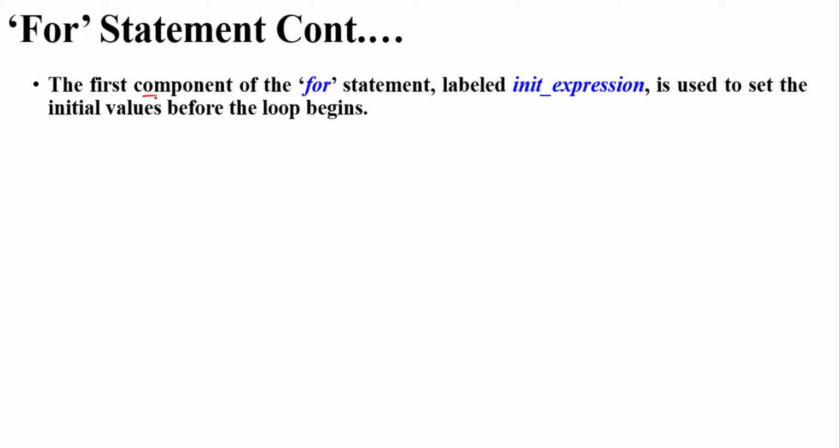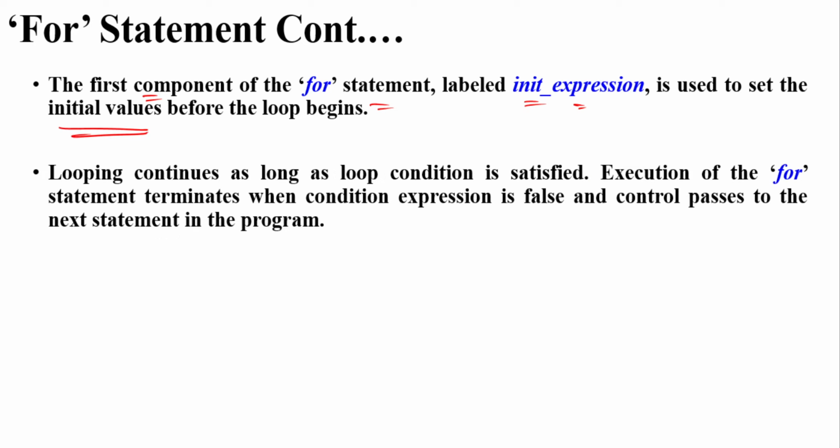The first component of the for statement is the init expression, which is used to set the initial values before the loop begins. I have explained this in the previous slide. Then the loop continues as long as the loop condition is satisfied. And when the loop condition is not satisfied, the loop will be broken, or the for loop will terminate.